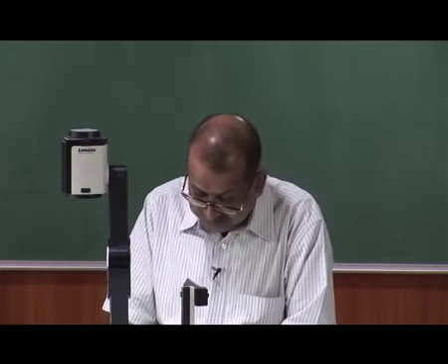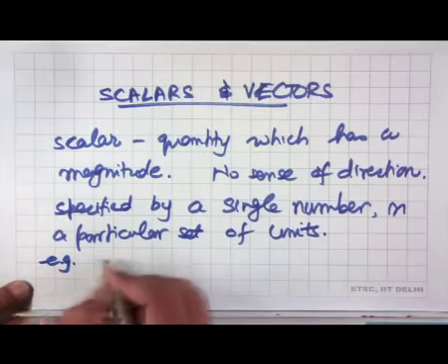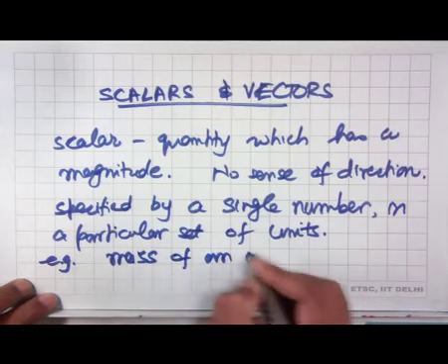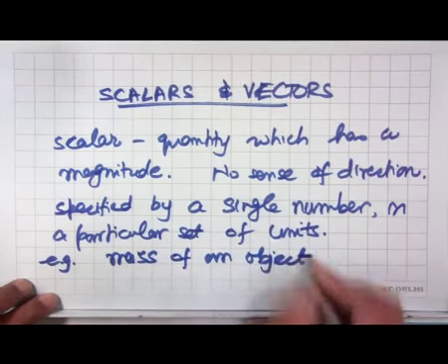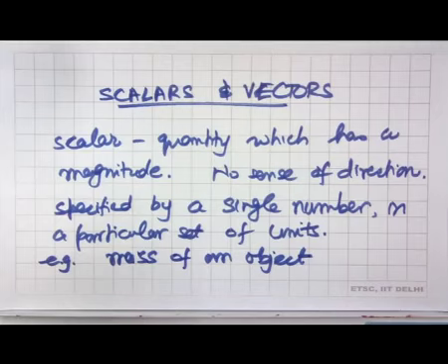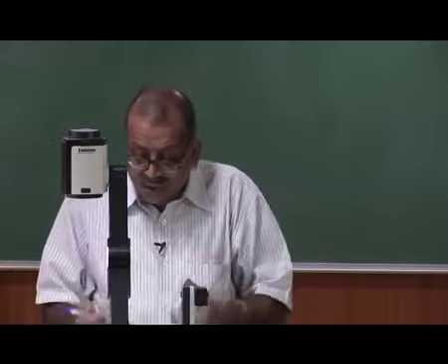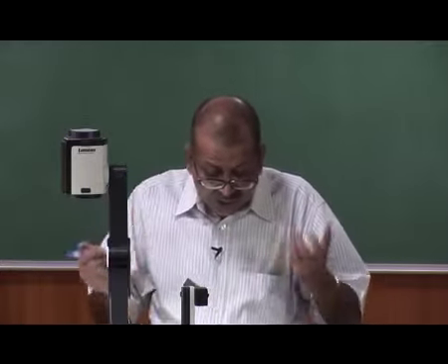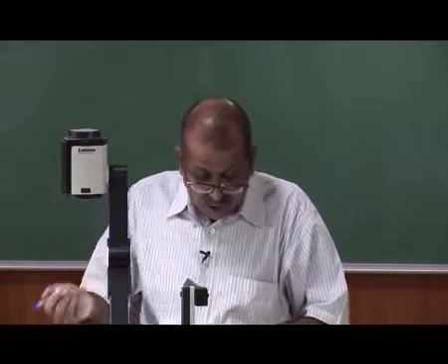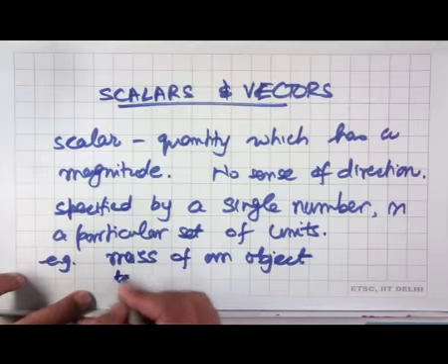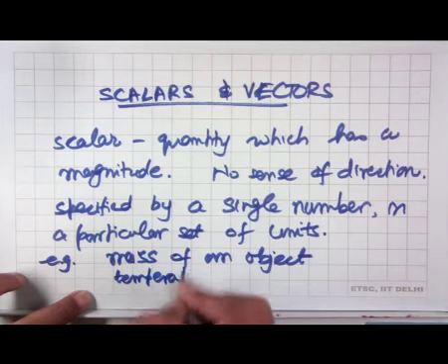For example, when we talk of the mass of an object, we say the mass is 1 kilogram or 2 kilogram or 1000 grams, 500 grams, etc. So, there is no sense of direction when we talk of mass. Other quantities which are scalars are the temperature of an object.